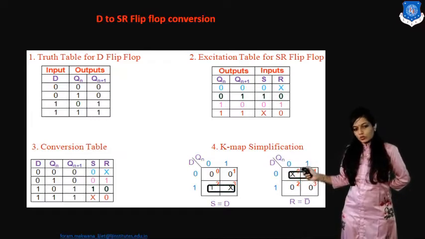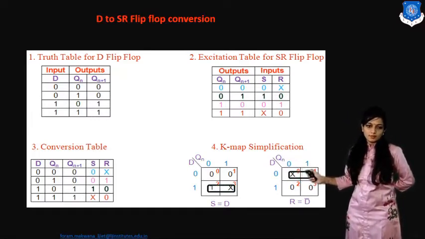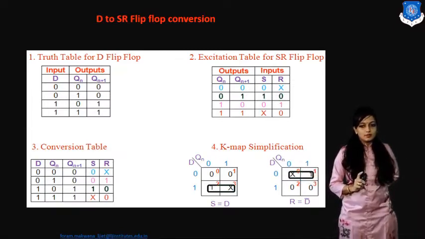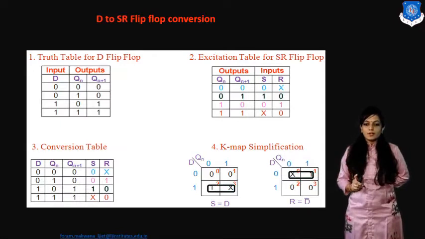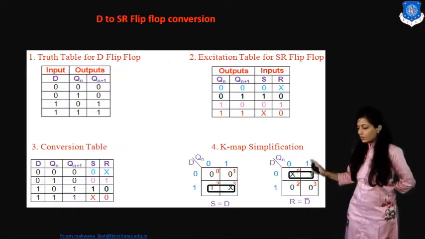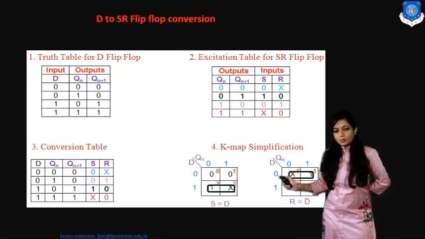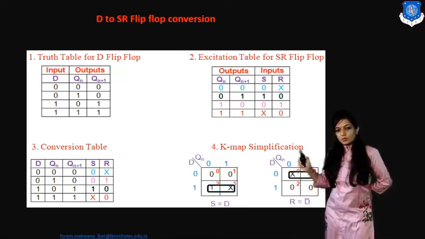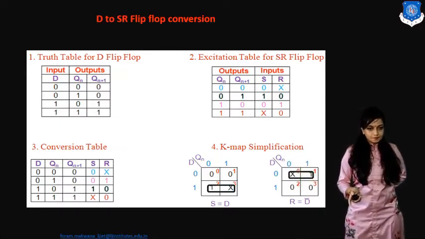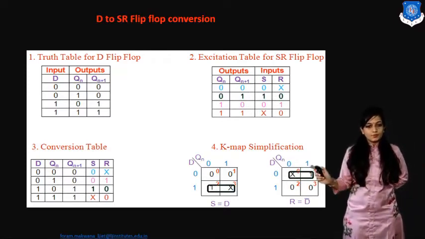So, for Q to Qn plus 1 equal to 0, that means my flip flop would be reset, so R is equal to 0 and S must be 0. In the next case, my output is going to be changed. Earlier it was 1, now it is 0, so it would be a reset and the value of S will be 0.